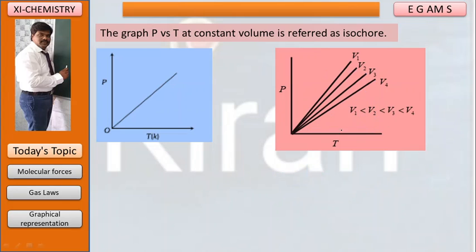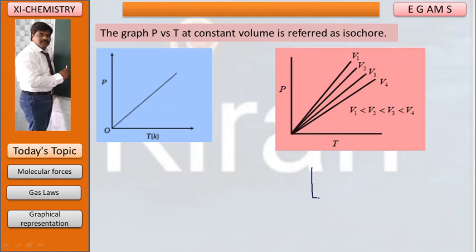So finally, what I mean to say is, different gases have different volumes. Lower volume is always less than higher volume. V2 means higher volume, V3 means higher volume, V4 means the greatest volume. Volumes are increasing here. Whatever the volume you take, while heating, as temperature increases, pressure increases. Why?